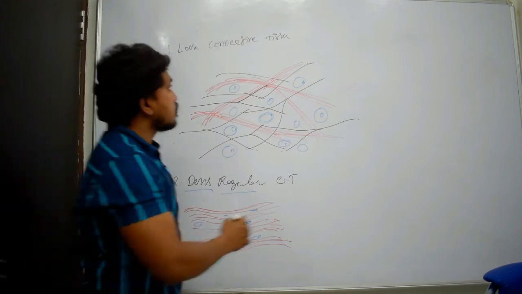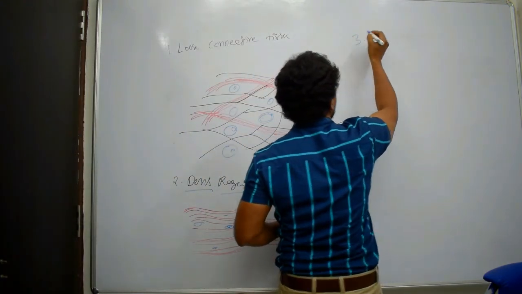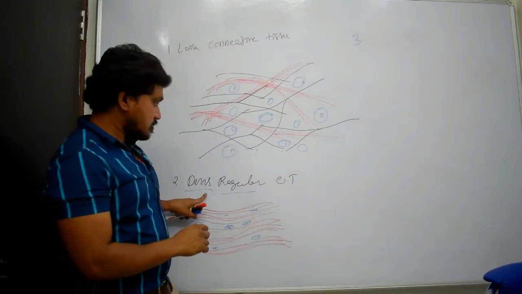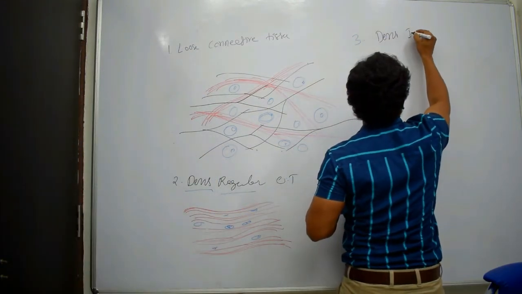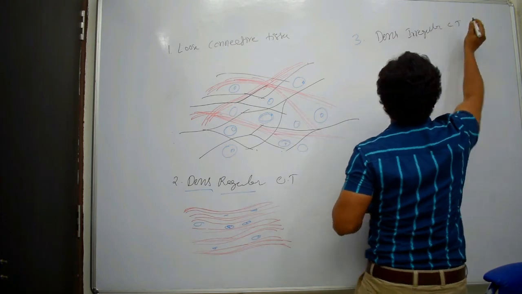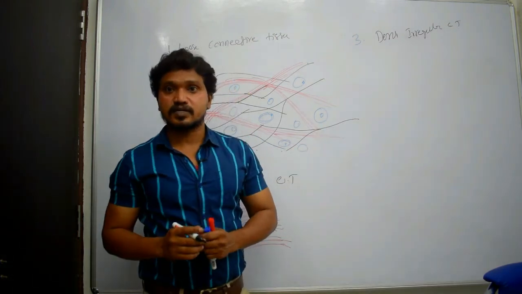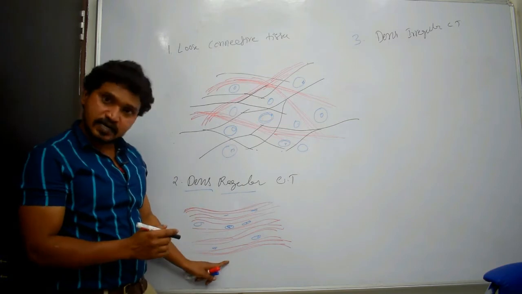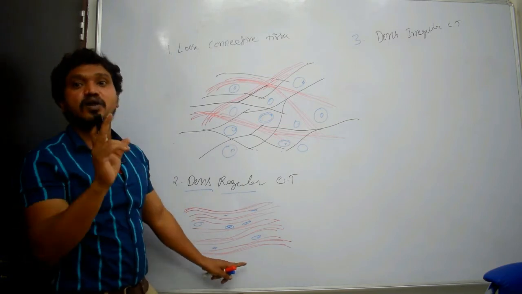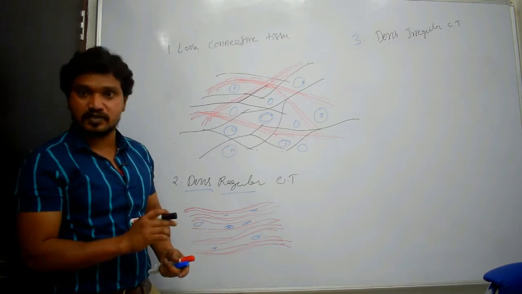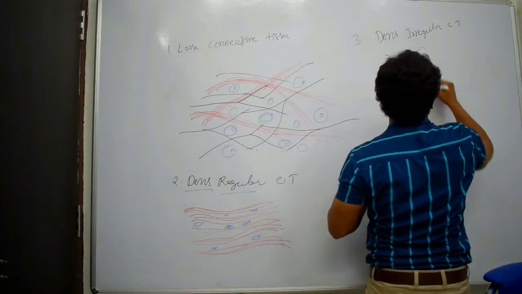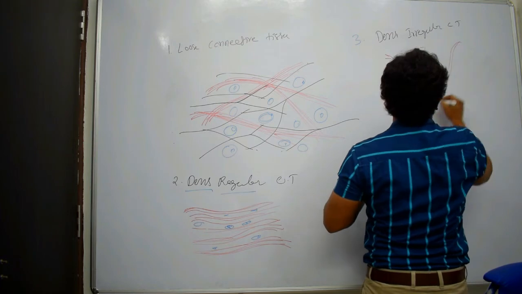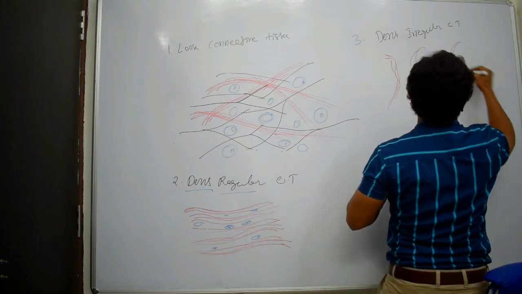Then the third type is dense irregular connective tissue. In dense irregular connective tissue, collagen fibers are densely arranged but not regularly arranged. They are irregularly arranged, not evenly arranged.